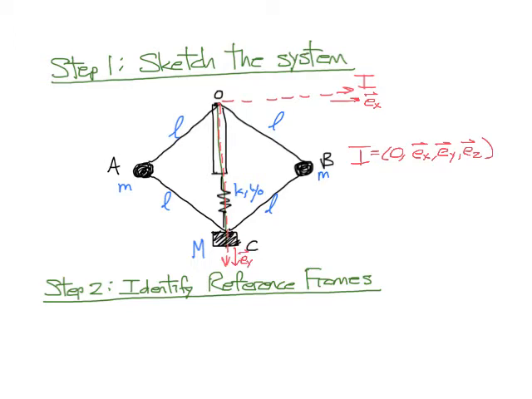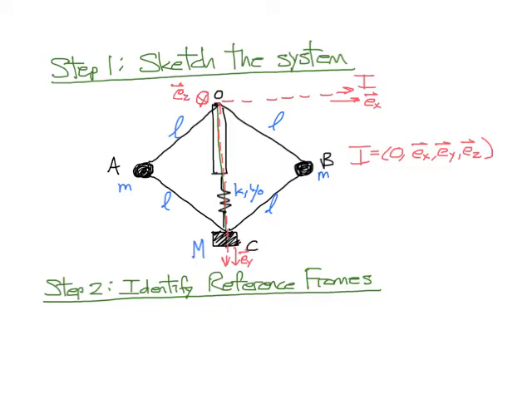And then EZ is going to be the cross product of EX into EY. So that means that EZ is going to be pointing into the page, and a vector that's pointing into the page, we make an X as it's moving away from us. So we'll always define each of these three vectors that are defining the reference frame.